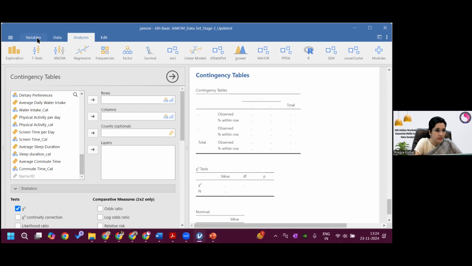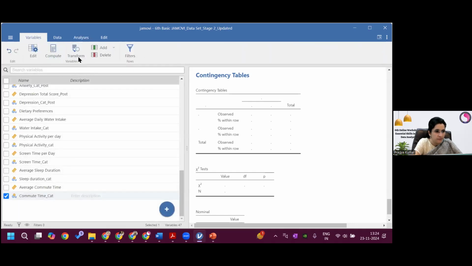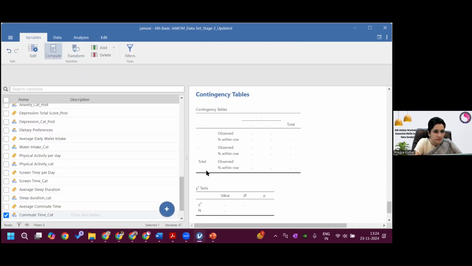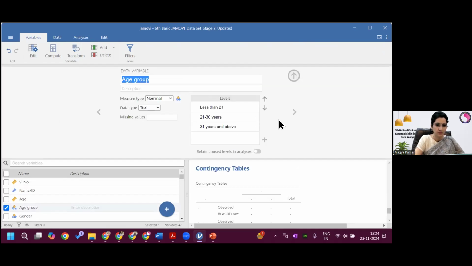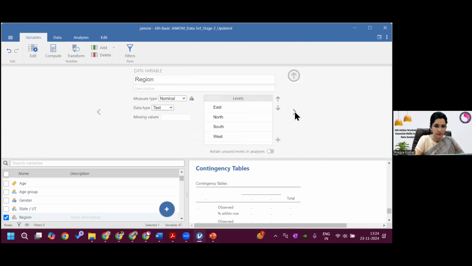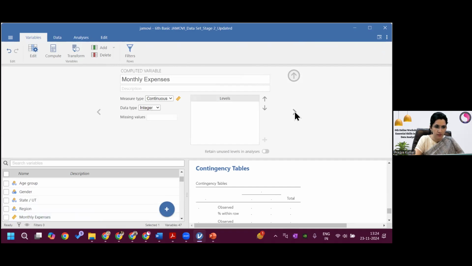So let me see the variables where I can apply. Because it should have two levels, I'm just seeing what are the two levels. Monthly expenses, category, all levels are RH status. Let's take this, gender and the RH status.